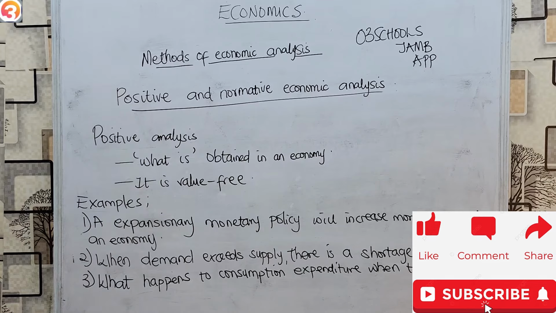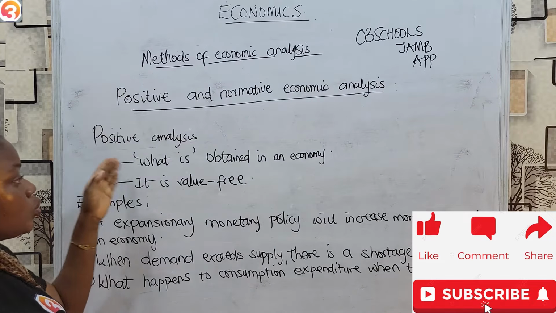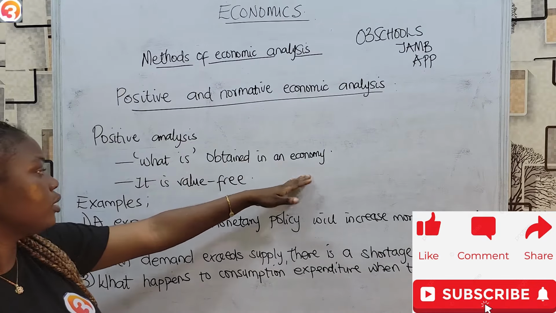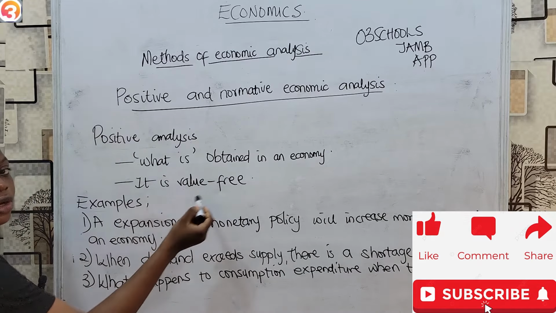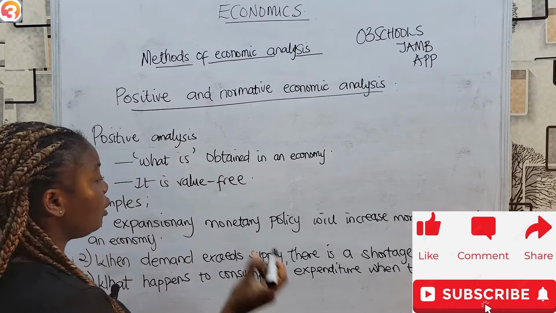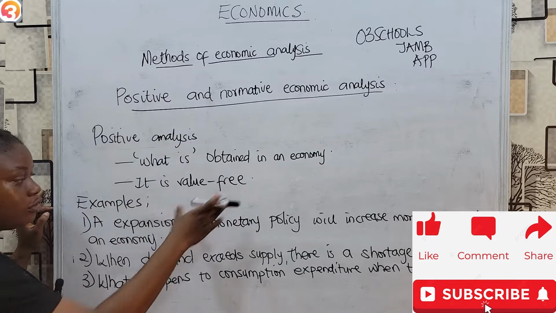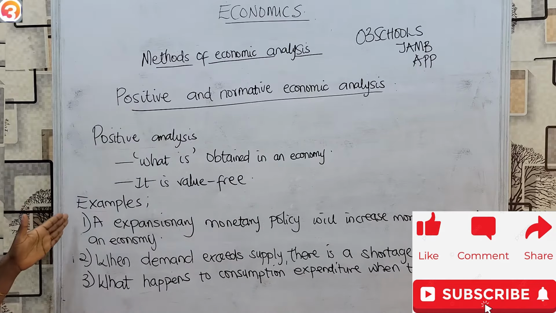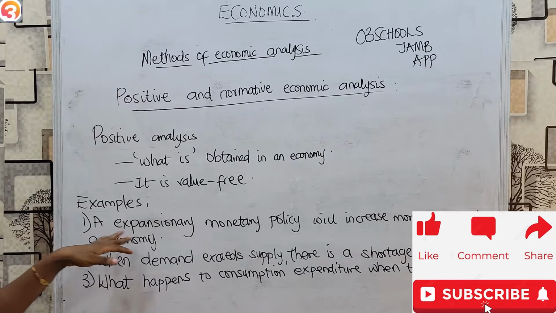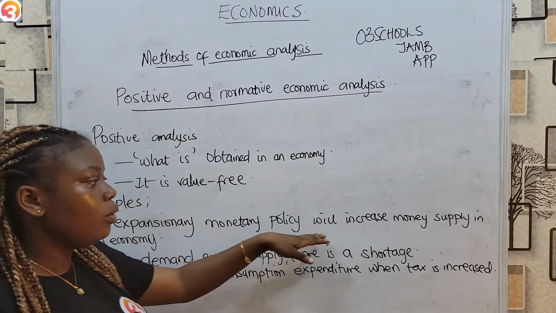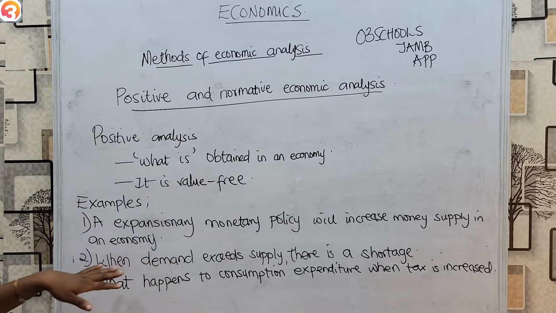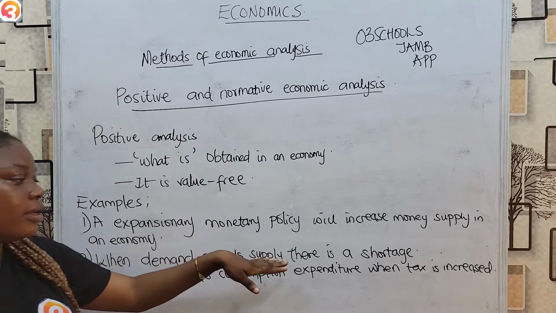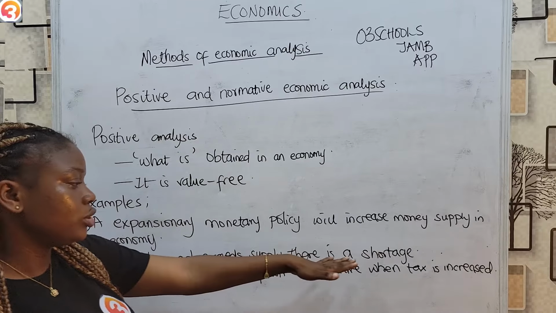Now, we said positive analysis deals with what is obtained in an economy. The positive analysis is value free because it does not depend on, or is not based on, the value judgment of individuals. And then we went on to look at some examples. Number one, an expansionary monetary policy will increase money supply in an economy. Then, when demand exceeds supply, there is a shortage.